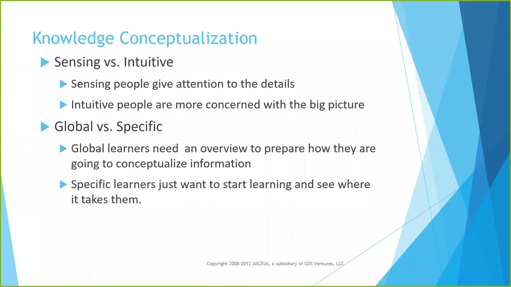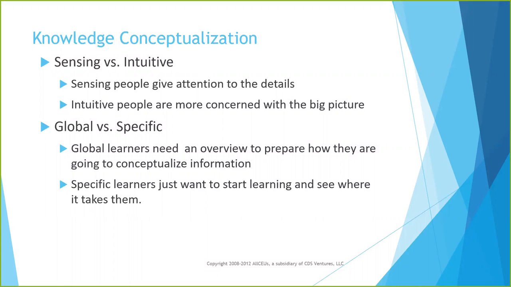Sensing versus intuitive people. We talked about this when we talked about temperament, the SNAP T. Sensing people pay attention to details. They don't need the big picture as much to be happy, but it works better when you're presenting to a mixed group of learners.